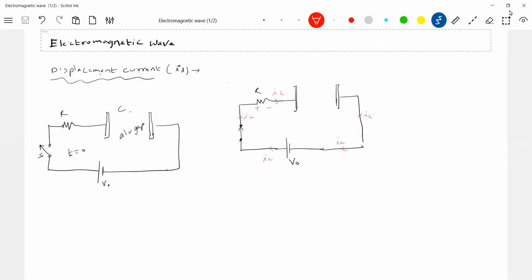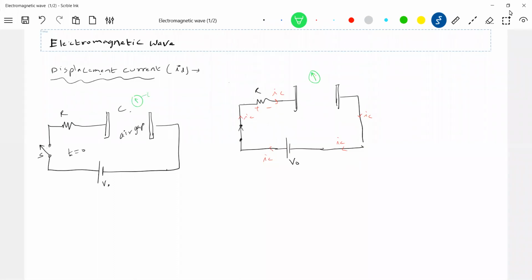So when I go and check it here, at time t less than the steady state, it will attain some steady state after some long time. At any time t, I'll keep a compass needle here. It will start deflecting. And when I keep the compass needle elsewhere, no deflection.